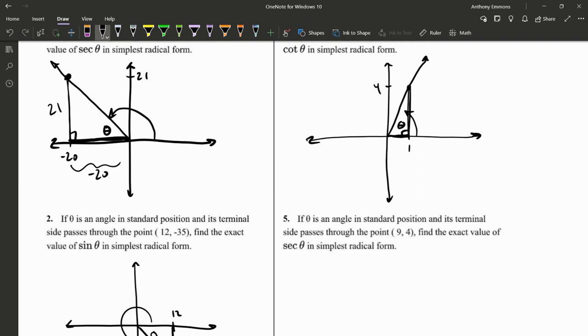You will need to use the Pythagorean theorem. Unless this is a Pythagorean triple that I'm not familiar with, we are going to need to use it. Oh man, not one I was looking forward to. This is 1, this is 4. I can then tell you, by the Pythagorean theorem, the hypotenuse will be the square root of 17.